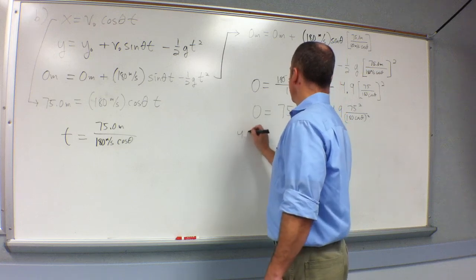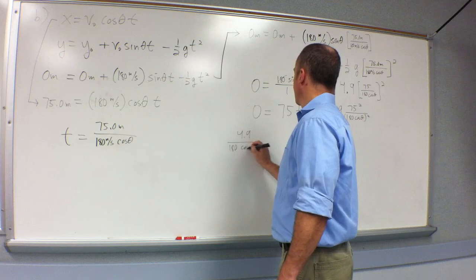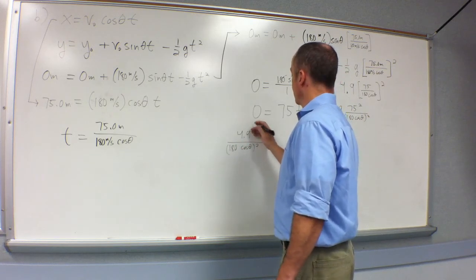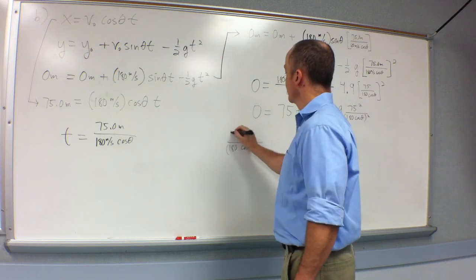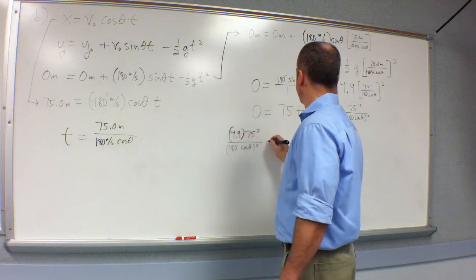That's going to be 4.9 times 75 squared, I forgot the 75 squared on the top, over 180 cosine theta, whole thing squared, equals 75 tangent theta. I'm leaving it as 75 squared for a reason.